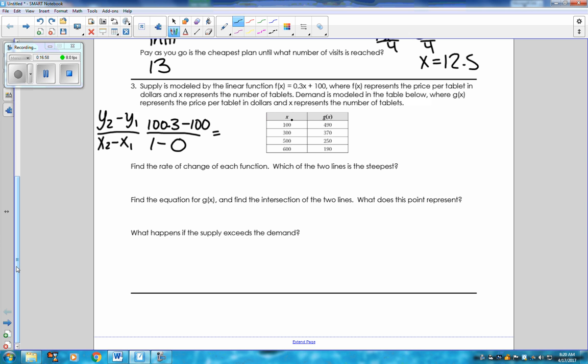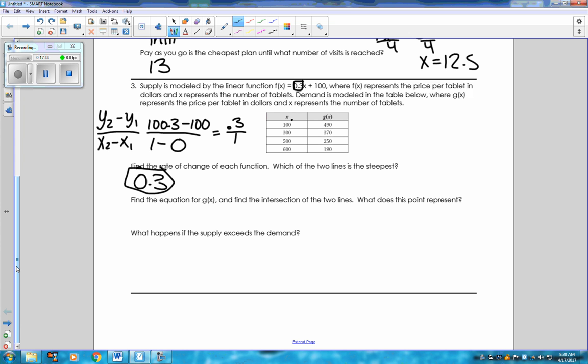What's my constant rate of change? 0.3 divided by 1, which is 0.3. What was 0.3? It was the rate of change, but also the slope. So that's the rate of change of my equation.